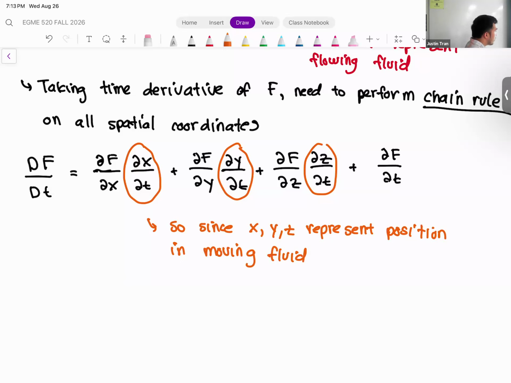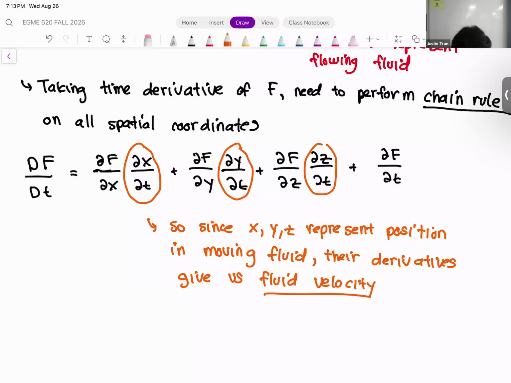If we take the derivative of position, we get velocity.